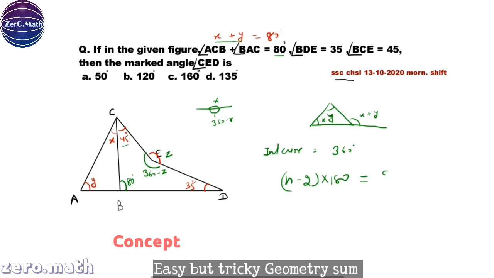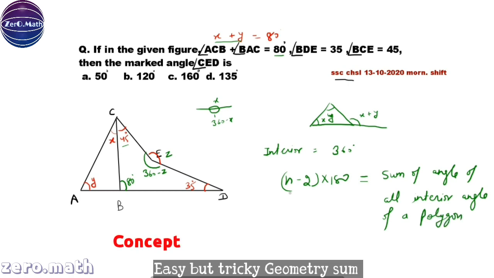So (n minus 2) into 180 degrees is equal to the sum of all interior angles of the polygon. Let's take one polygon, that is a triangle. What's the sum of interior angles? A triangle has three sides, right? So let's replace n with 3.